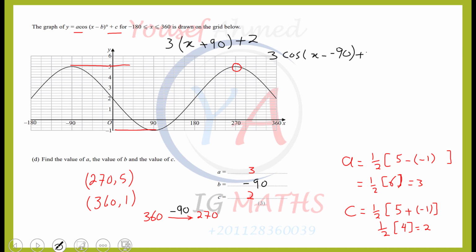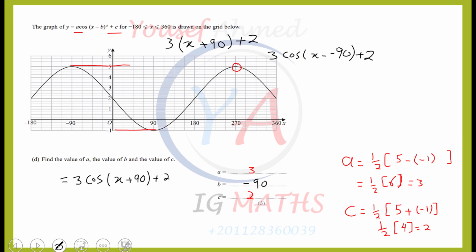You have 3 cosine, now you have x minus -90, which is plus 90, and then add 2. I'm going to take any point. I'm going to take 270 and 5, as we took before. So I'm going to replace x by 270. If the answer is 5, it's correct.